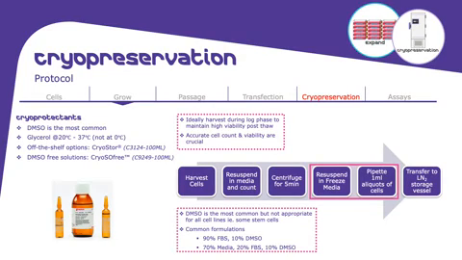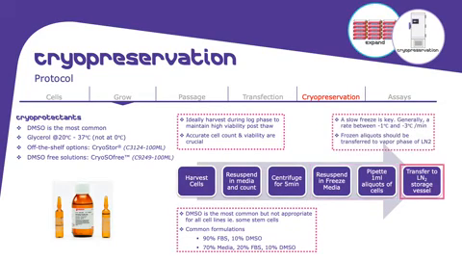And then you pipette it in aliquots of 1 milliliter into the vials and start with slow freezing, and usually they use rate-controlled freezers like Mr. Frosty in the labs or any other ones.